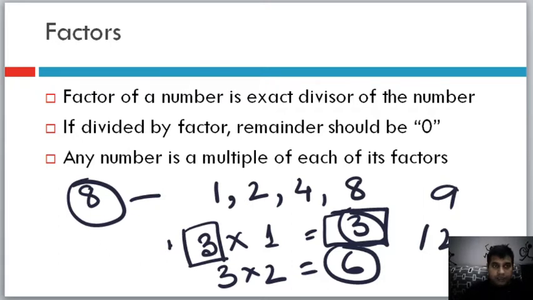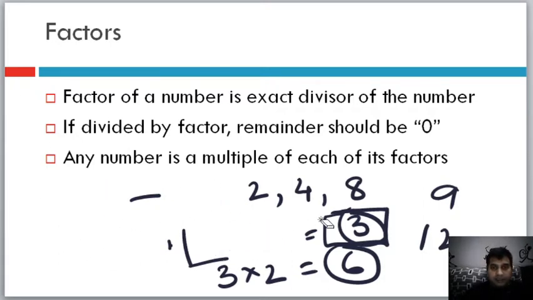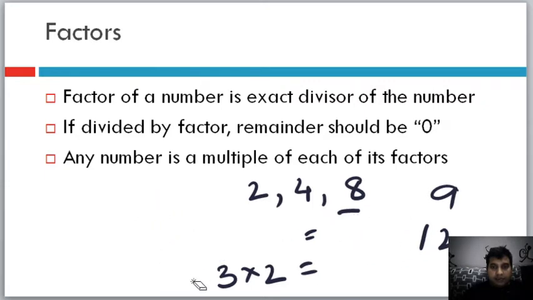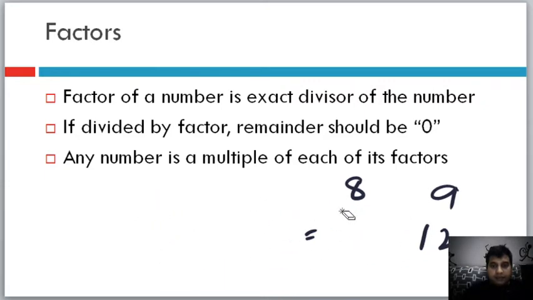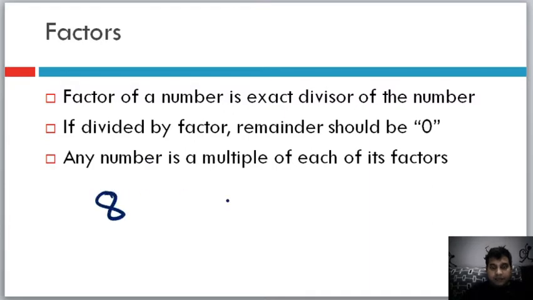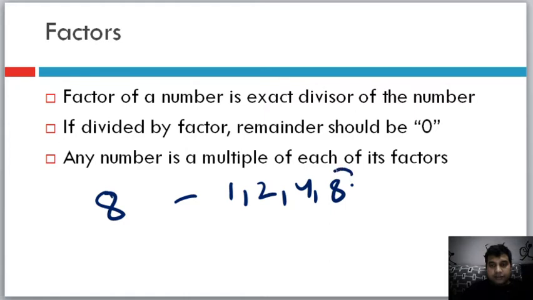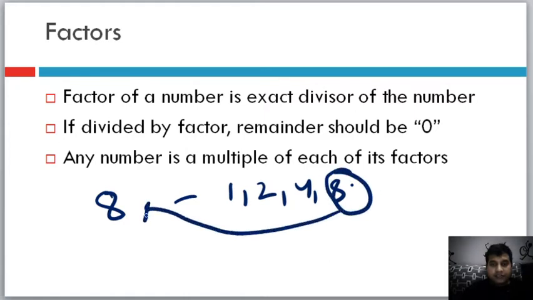So let's understand this a little. Now let's say I take any number. Let's say we take the old number, let's say I start with a number 8. Okay. So we just learned that 1, 2, 4 and 8 are factors. So you can see that 8 is a factor of 8.